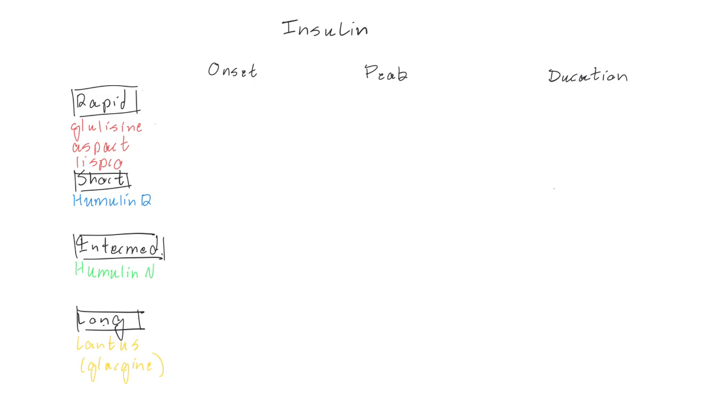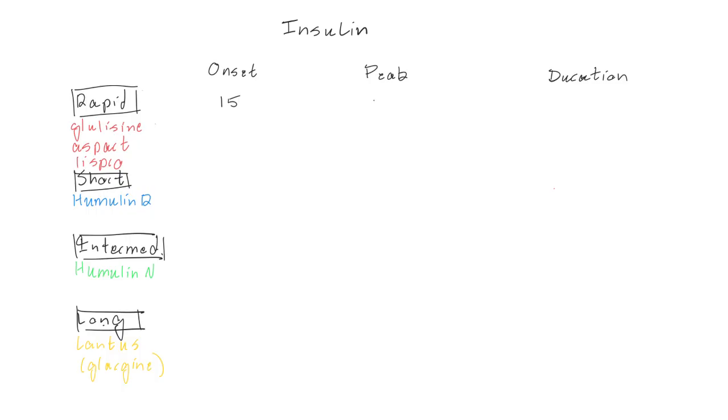Now, for the onset, peak, and duration, to build this chart, you just have to remember the number 15. The onset of the rapid-actings is roughly 15 minutes. Now, remember, this chart's very general. Some resources might say, actually, aspart is 10 minutes, and lispro is 12.5, and glulisine is 14. That's okay. We're just starting to learn these numbers, so we're going to learn them in general, and then we can get more detailed as we learn them.